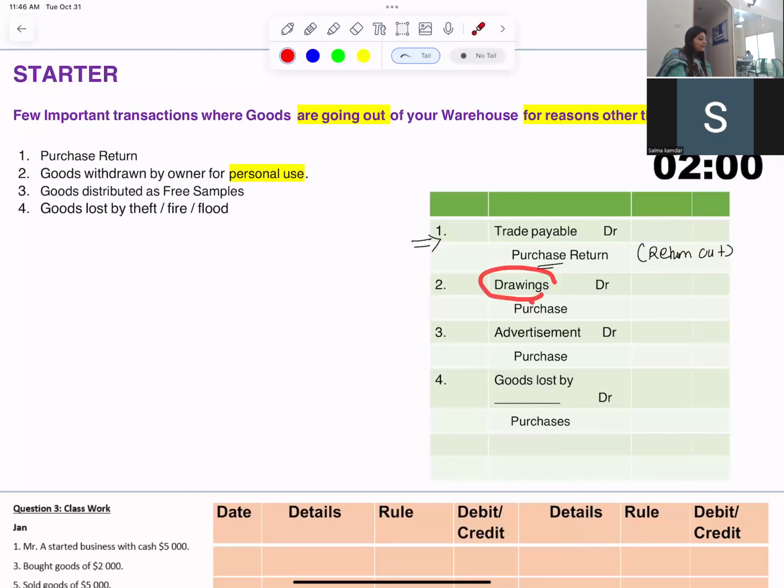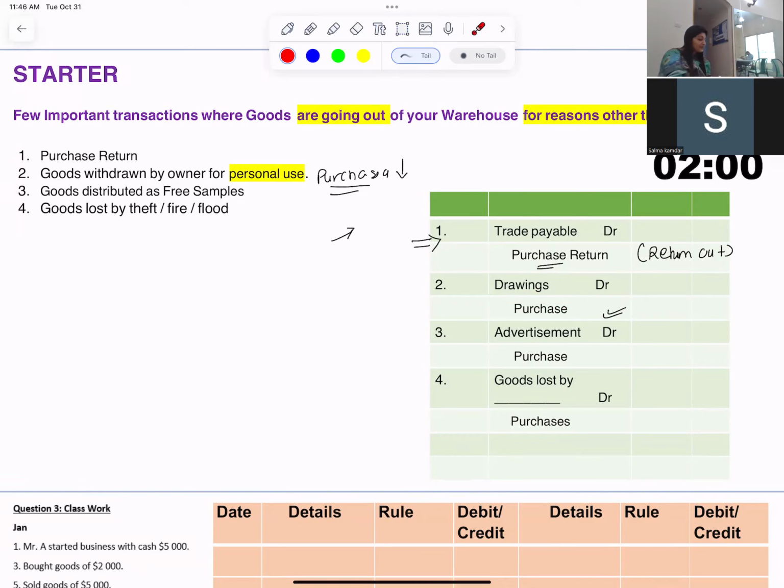The goods that you had purchased to resell, those goods are going out. That means your purchases are reducing. So that is the reason you credit purchases. The goods that you purchased to resell are reducing, so you will credit the purchases.